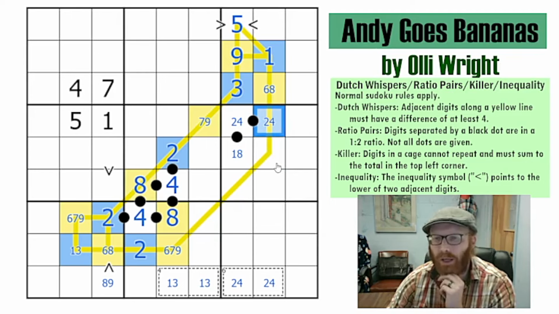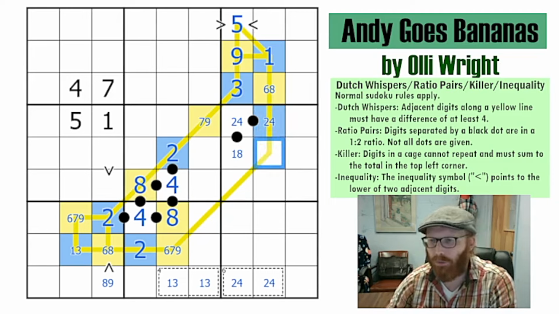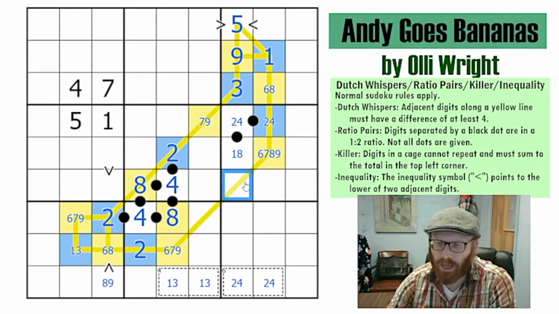Let's look over here and go from this direction. This is a 2 or 4, so it has to connect to a high digit. It has to be 6, 7, 8, or 9. I don't have any restriction on that one. This, though, this cannot be a 5, so this has to be a low digit.